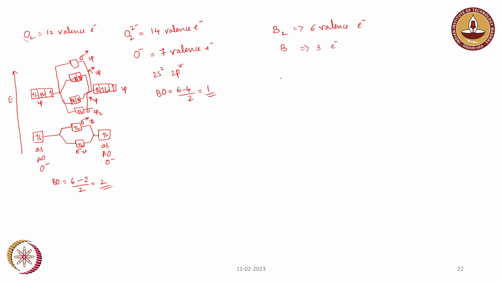So it means 2p will have only 1 electron.